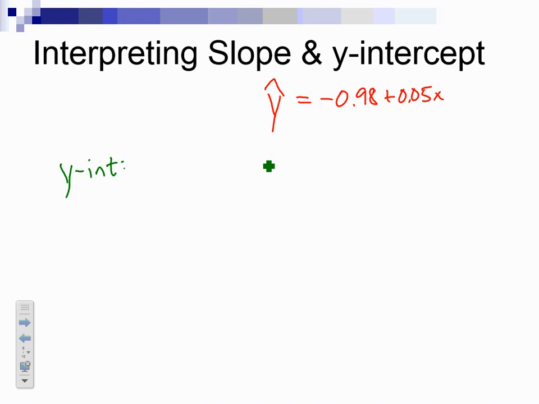Right? We'd say when x is 0, but what is x representing in this problem? Well, x is representing coffee prices. So when our coffee prices are 0, we know what y's value is.